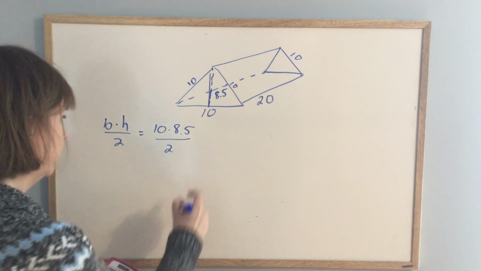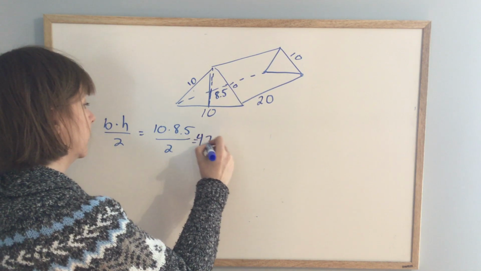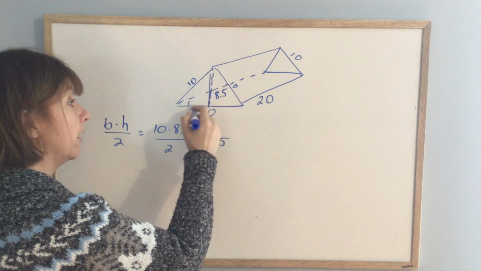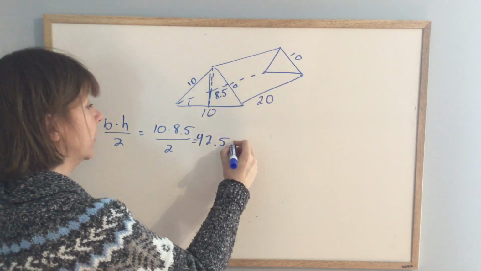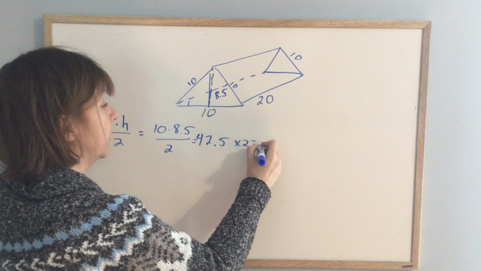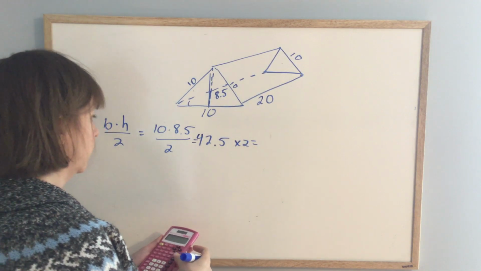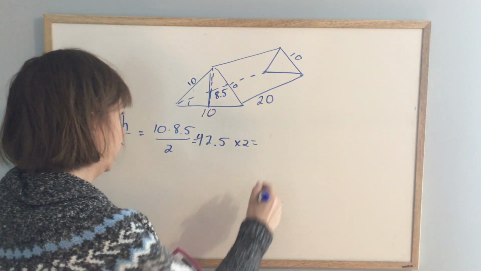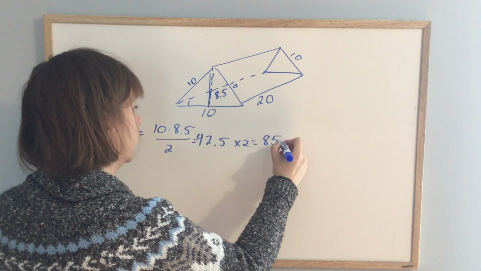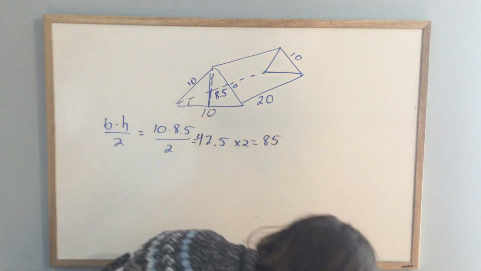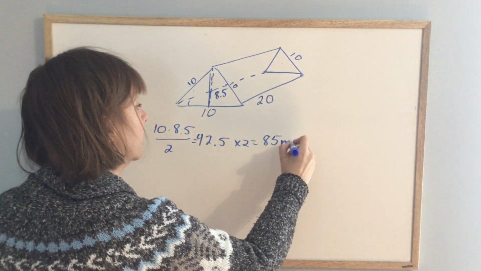And that's going to give me 42.5. So that's that front triangle, but there's another triangle at the other side, so we're going to multiply it by 2 because there's 2 triangles. So when I do that, it gives me 85, I don't know what unit they gave you, meters squared.